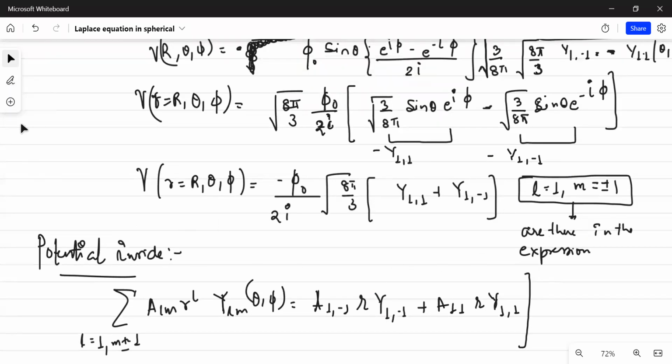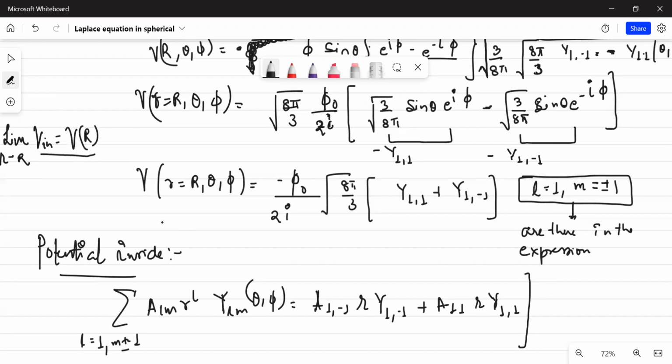If I want to take the limiting case R tends to R, the potential inside, and I have to write the potential at R, then from here I can clearly see that only Y_11 and Y_1,-1 should be there. Because if I expand this in entirety, there would be all those terms, like L equal to 0, M equal to 0, L equal to 2, M equal to 0, all those possible combinations.